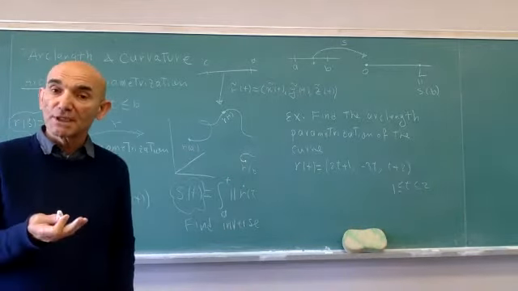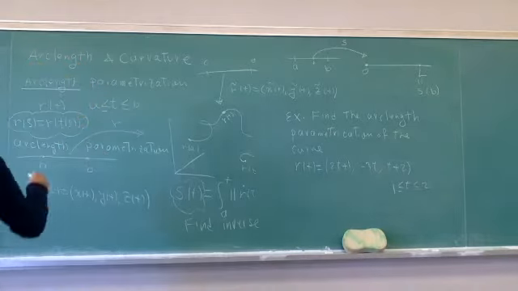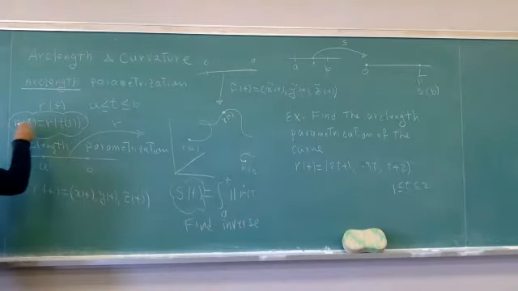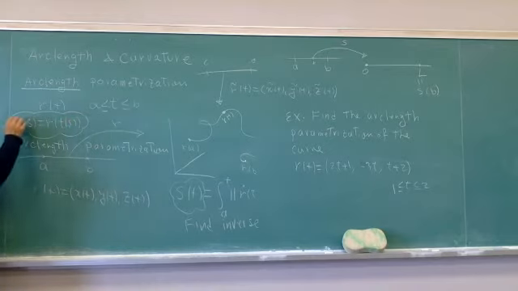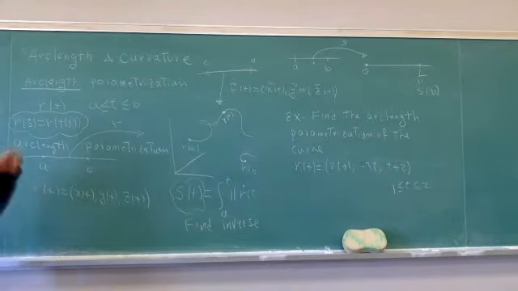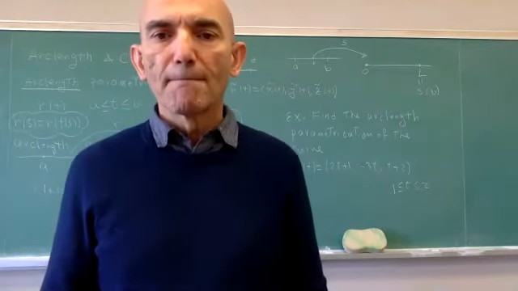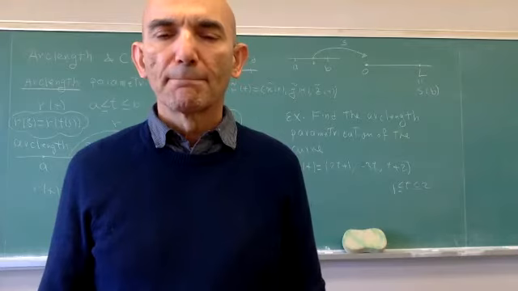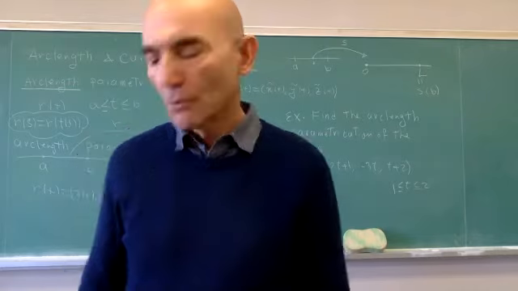We want to write it in terms of a function of s, so we just write R of s. It could be a different function, but we just write R of s equal to R of t of s. You may want to write R tilde sometimes, but your book doesn't write R tilde. It just writes R of s, so that's why this is useful notation, because it's not cumbersome. Did you get the point? Okay, thank you. Good.